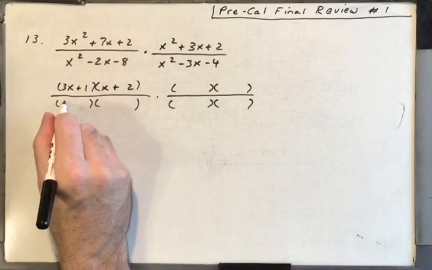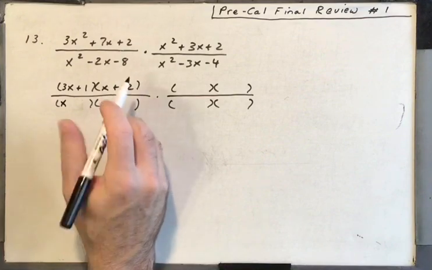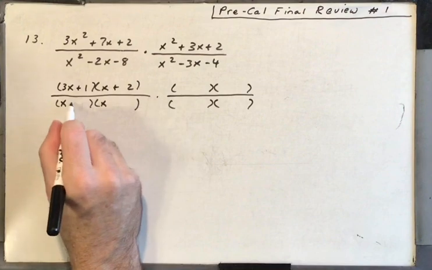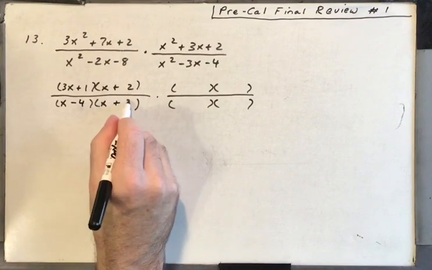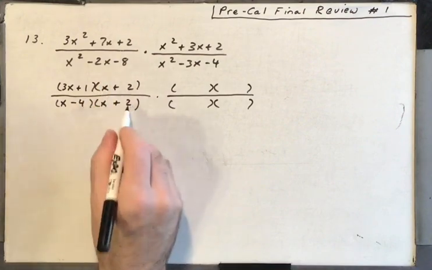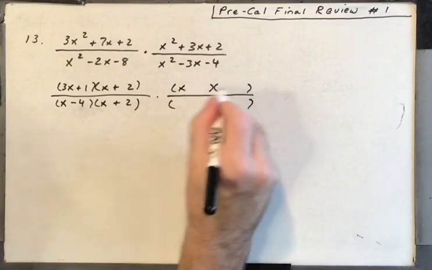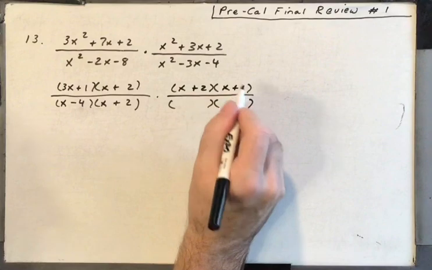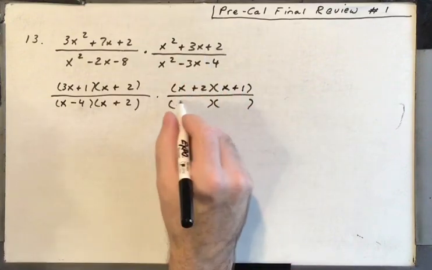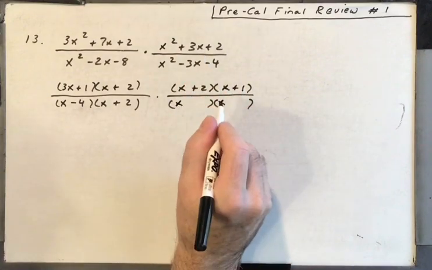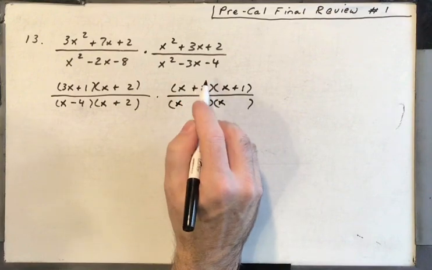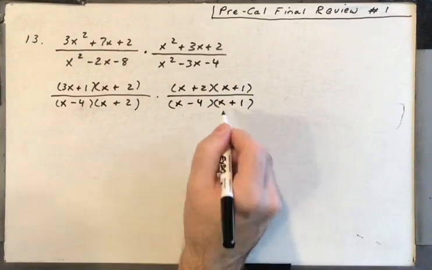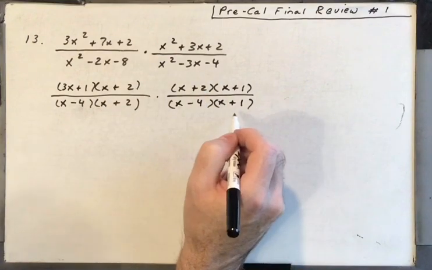All right, here, x, and then somehow I'm thinking a 2 and a 4 would work. So how about minus 4 plus 2? That'd give me negative 2x, negative 8. Okay, x plus 2 plus 1? Yeah, that'd give me 3 in the middle. X. All right, minus 4 plus 1? Okay, that'd give me, yeah, that'd do it.